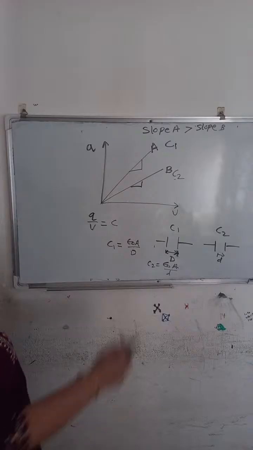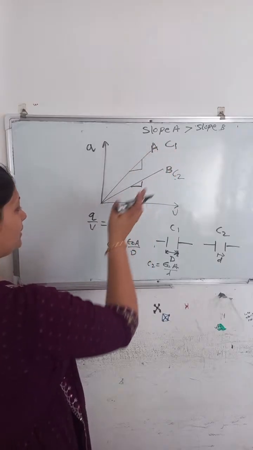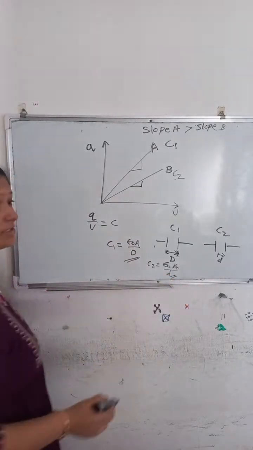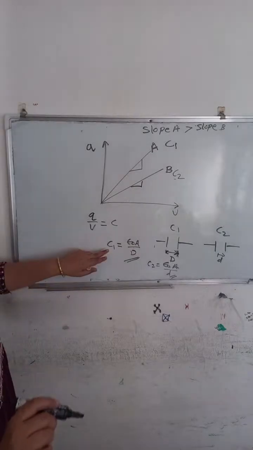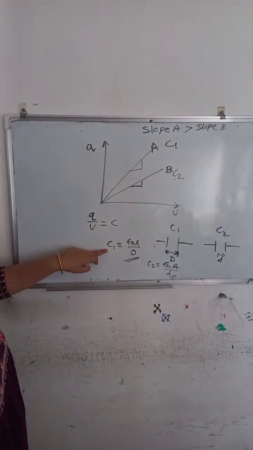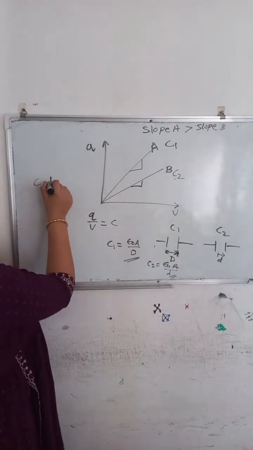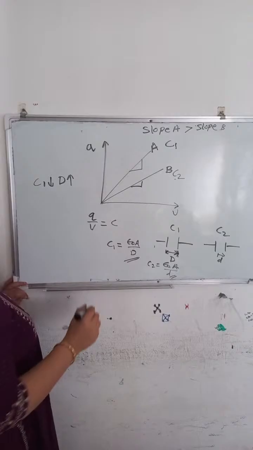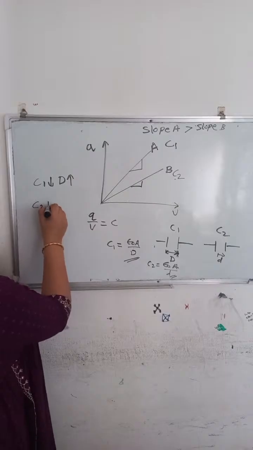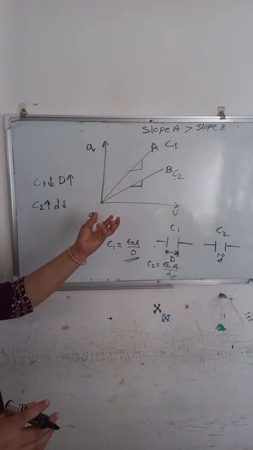According to the slope, the slope of A is greater and the slope of B is smaller. But if we compare based on the separation, then C1 has the larger separation D, so the capacitance of C1 decreases as D increases. In the second case, C2 increases because small d is reduced, meaning it has a smaller value.